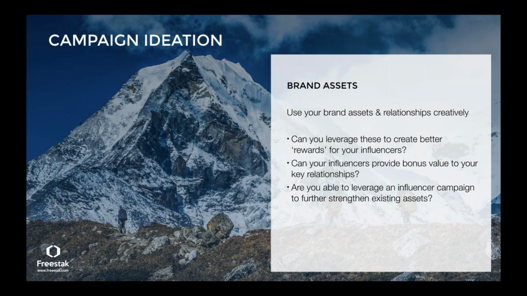So if you're running an event and you've got an apparel partner, for example, perhaps the best way to bundle an offer is to say, you can have free tickets to our event. We've got an apparel and a nutrition partner, we've got some kit from them as well, and all of a sudden it creates a really valuable package.